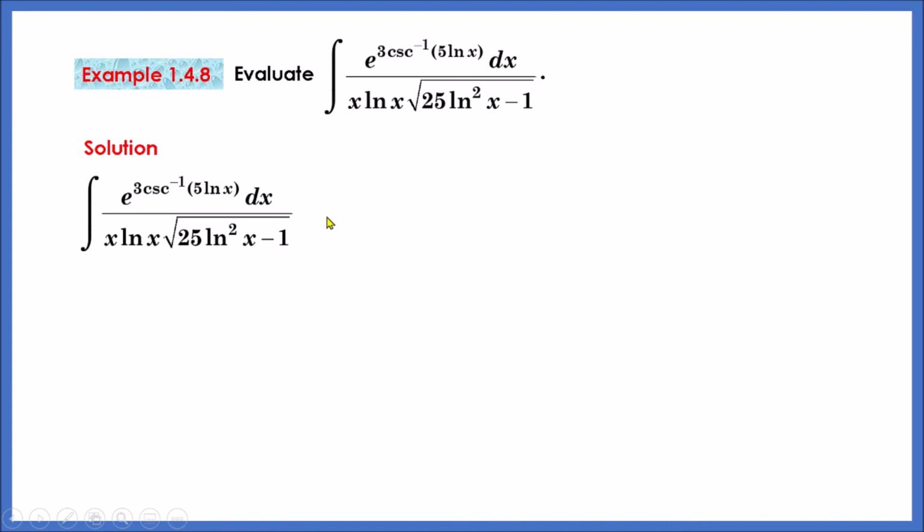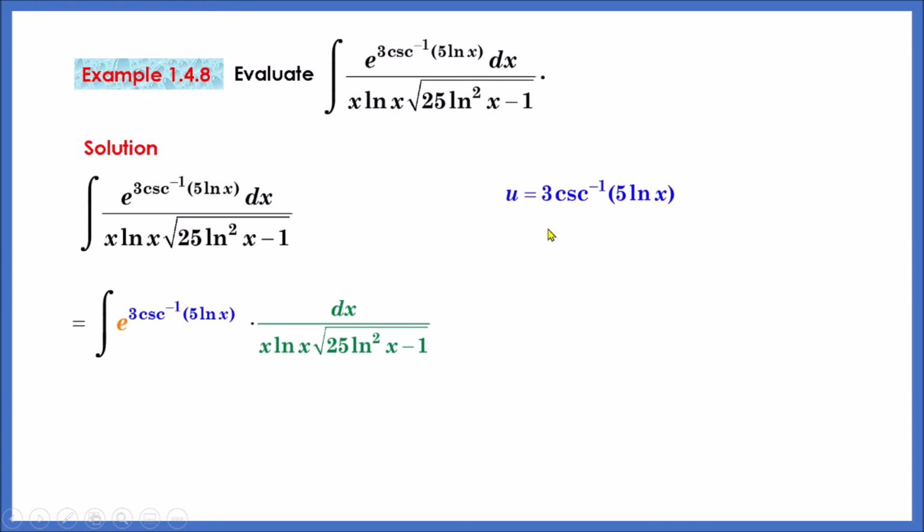Let us express this in the form of integral of e to the u du. So hence we have integral of e to the 3 cosecant inverse of 5 ln x times the possible differential, which is dx over x ln x is square root of 25 ln squared x minus 1. So here we take u equals 3 cosecant inverse of 5 ln x.